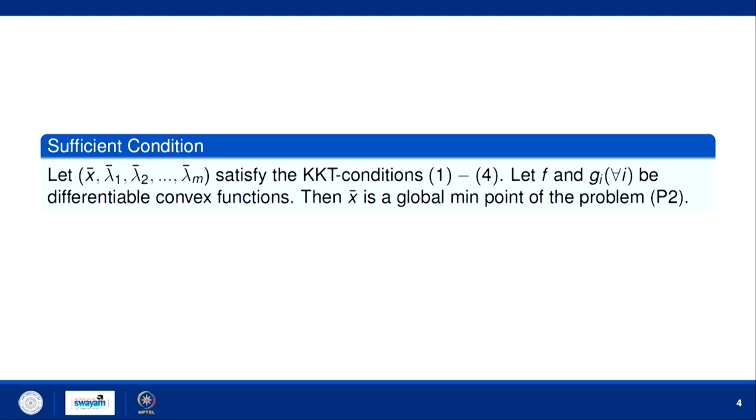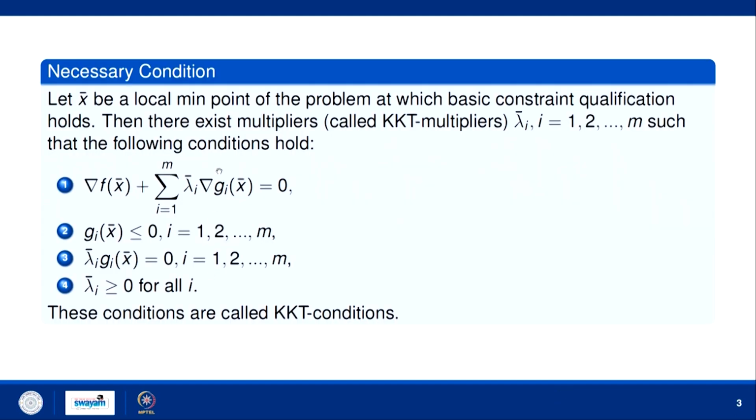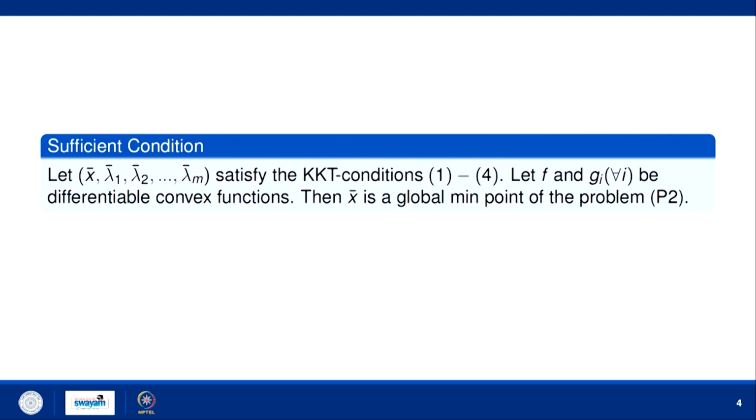The additional assumption is that f and g_i for all i must be differentiable convex functions. So, if the problem P2 is a convex programming problem, then a point satisfying these conditions will be not only local but a global minimum point of the problem P2. The proof is very easy.